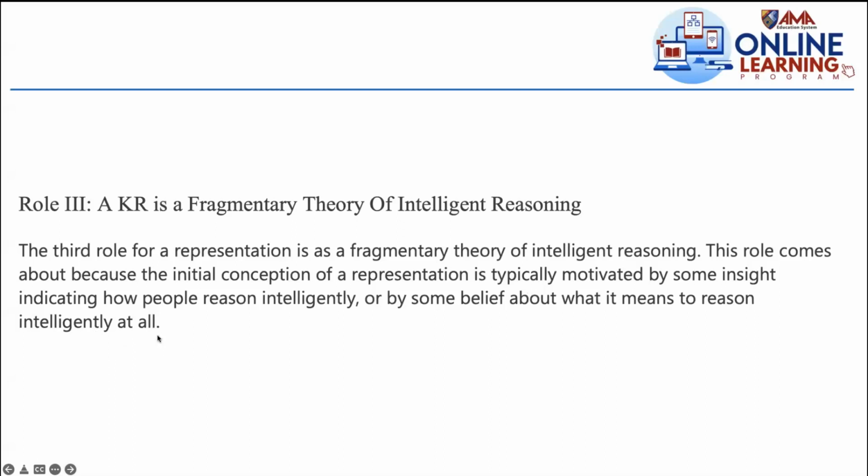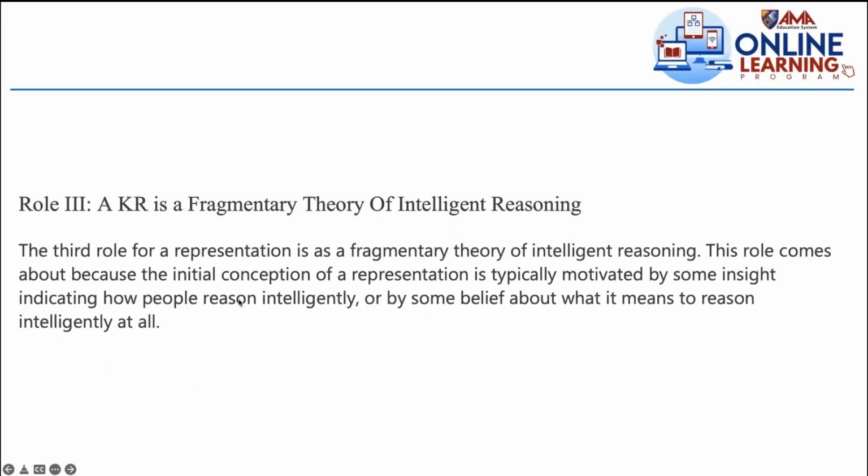So how is intelligent reasoning viewed here? It's connected to knowledge representation, because if you represent knowledge in terms of rules, then intelligent reasoning may be different than if you use knowledge representation in terms of logic, something like that.